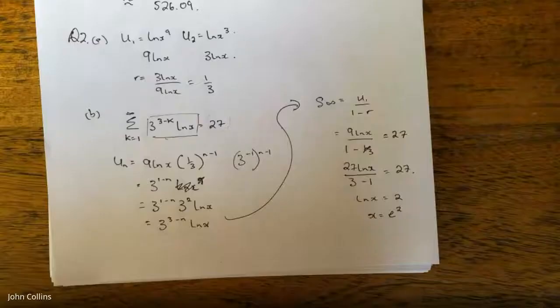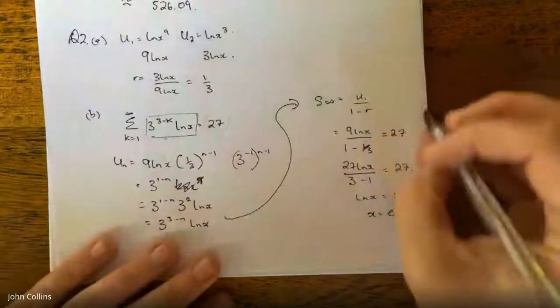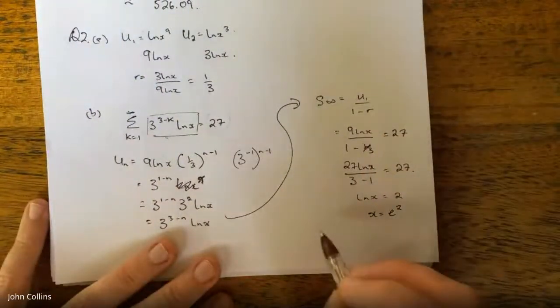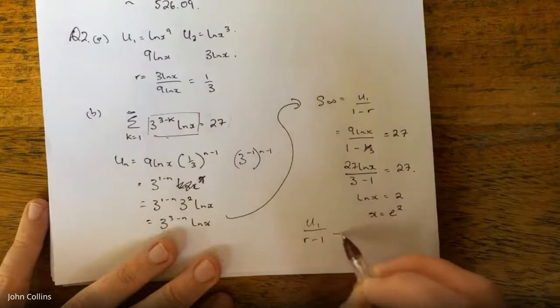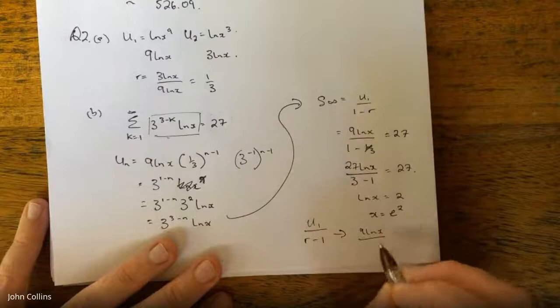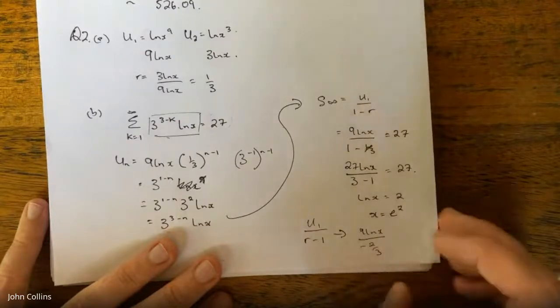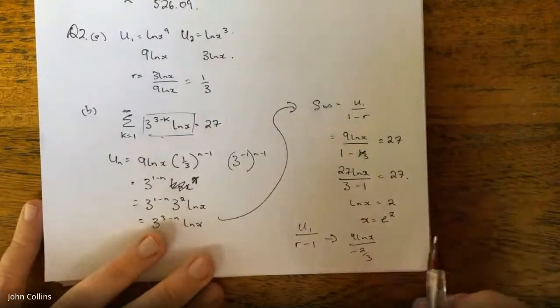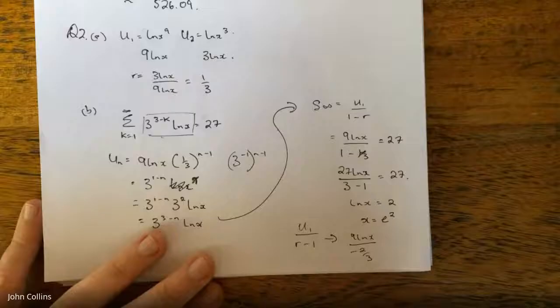So it would be 9 ln x all over negative 2/3. So it would be e to the negative 2? Yeah, which is something completely different.